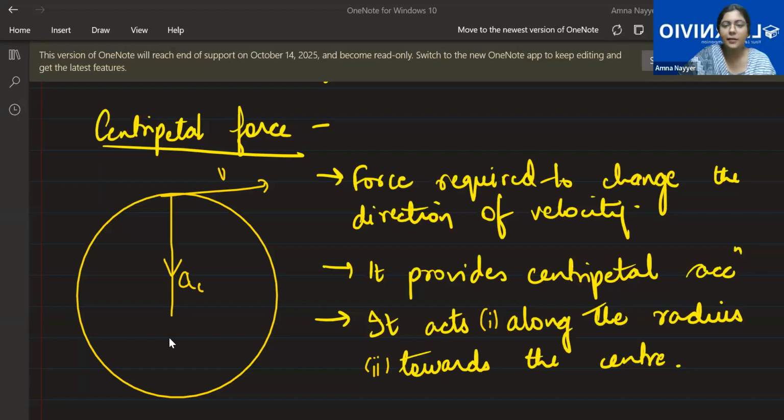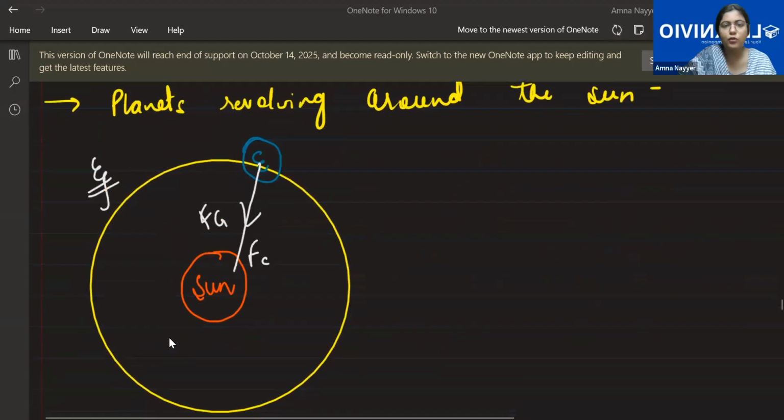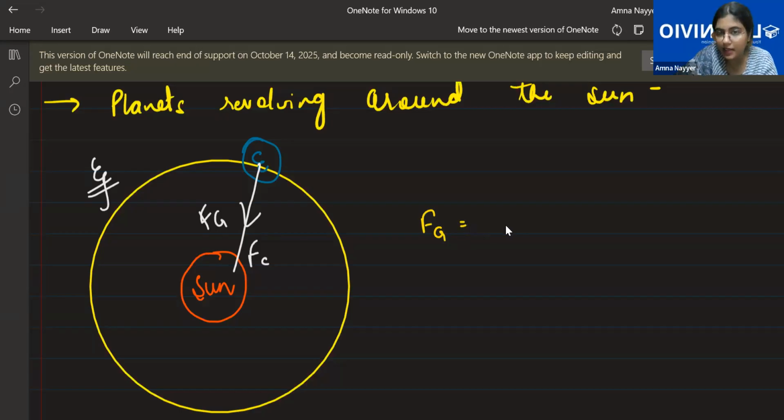Like, I'll give you a few examples. Some of it will be new for you, some of it you must have heard of. See, when the sun is there, earth is present. Now earth is revolving around the sun. We'll study in the chapter gravitation that there is a gravitational force, which we have already done in dimensional analysis as well. So we have the formula G m1 m2 by r square. This we'll study in the gravitation chapter.